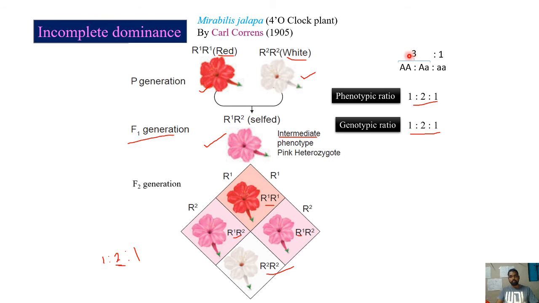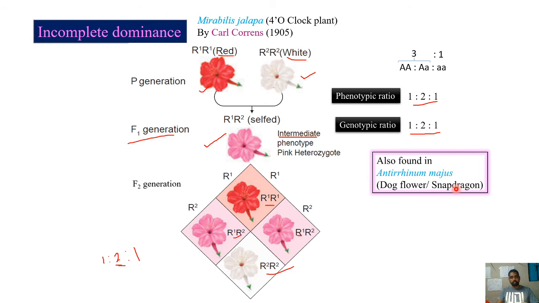Because of this, the phenotypic ratio was 3:1. But here, as this particular genotype is giving a different kind of phenotype because of its intermediate expression, the genotypic and phenotypic ratios will be 1:2:1 only. This is what incomplete dominance is. And it is also found in Antirrhinum majus, the common name of which is dog flower or snapdragon.